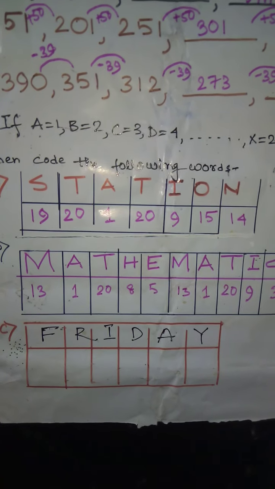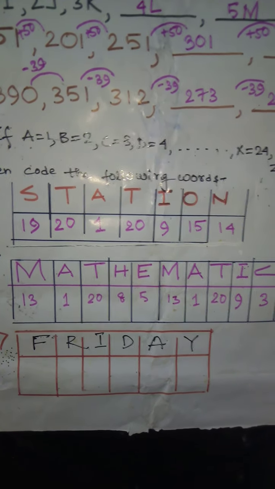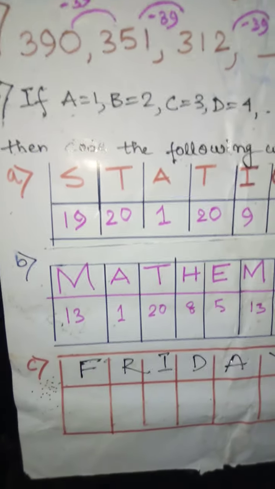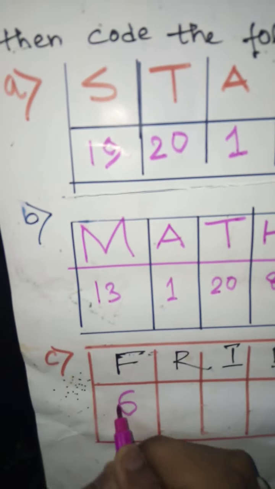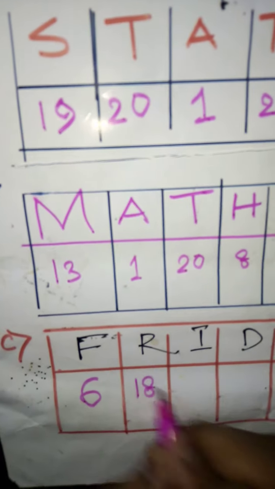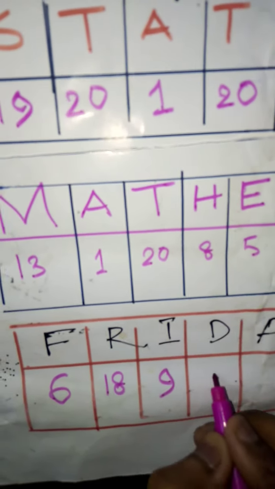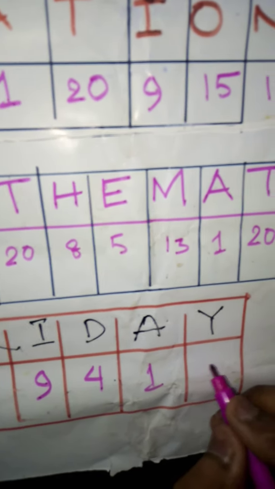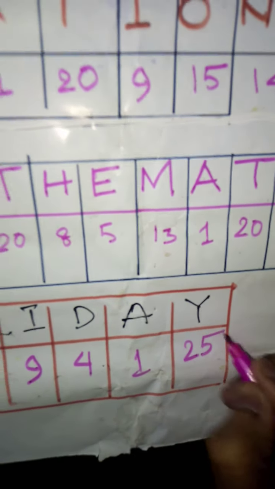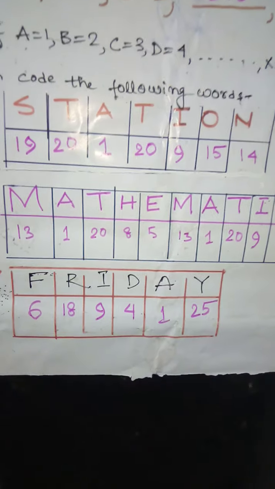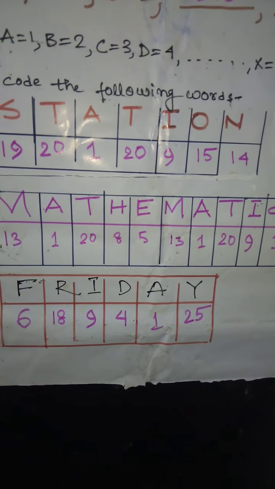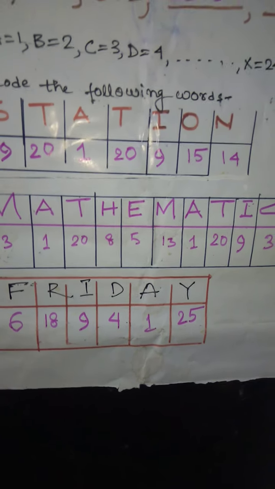The final word that we need to code is Friday. So we again start from here. 6 for F, 18 for R, 9 for I, 4 for D, 1 for A, and finally 25 for Y. So Friday will be coded as 6, 18, 9, 4, 1, 25.